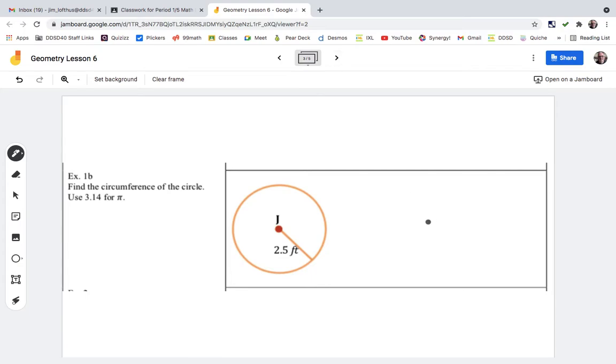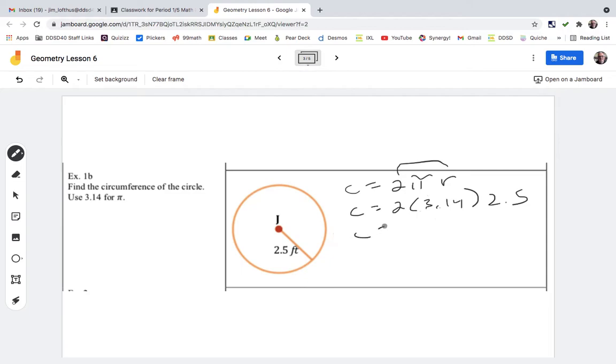The circumference of this circle, we're going to use the formula circumference equals 2 times pi times the radius. See how we're doubling the radius. So 2 times 2.5, well, we'll just fill this all in. 2 times pi, let's use 3.14, times 2.5.